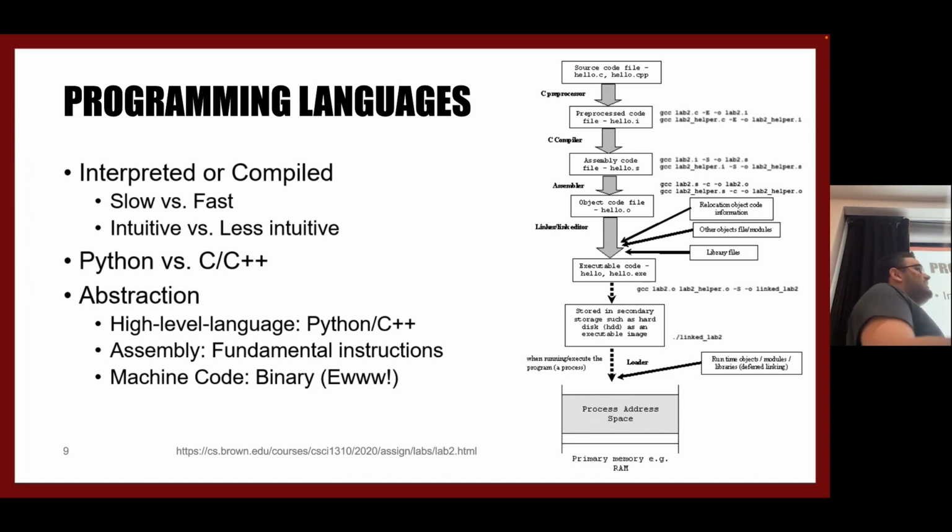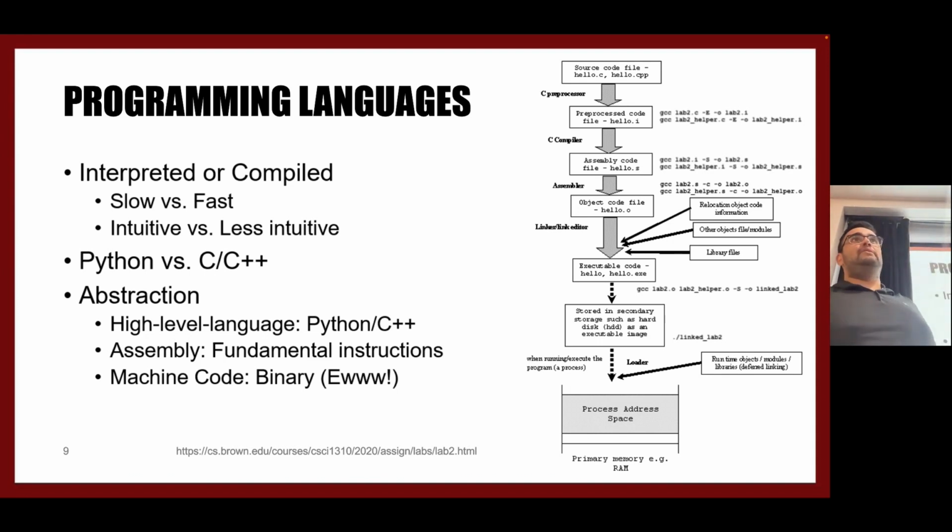You're feeding it a Python program as you go, and it progressively runs those things in a script manner. But there are advantages to interpreted languages like Python, in that they're pretty intuitive and good for prototyping. When you need something really fast, you usually go to compiled languages. So you have Python versus C++. Python's interpreted. C++ is not interpreted. It's compiled.